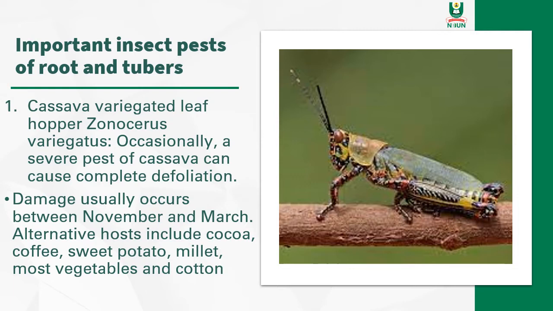You know that when a crop does not have leaves anymore, it cannot photosynthesize. So their aim is to cause destruction, complete defoliation, and this damage usually occurs between November and March.